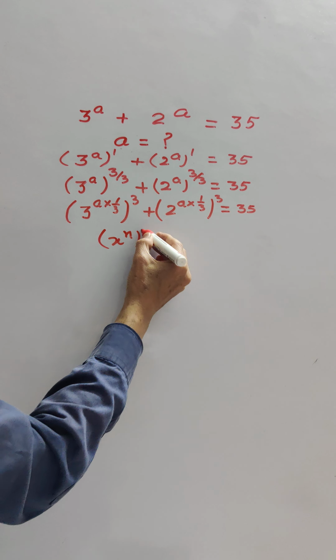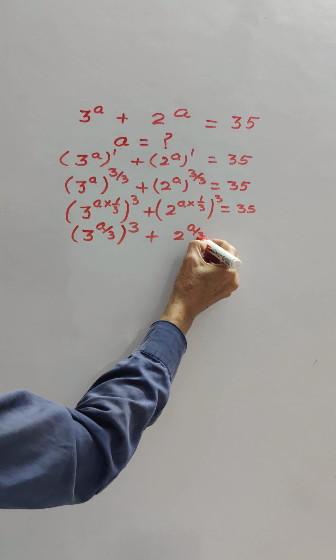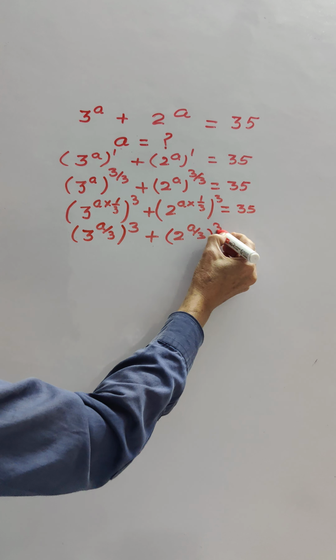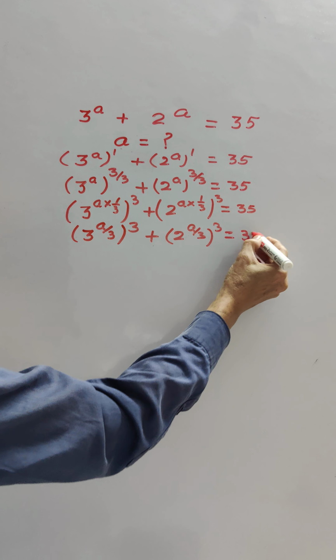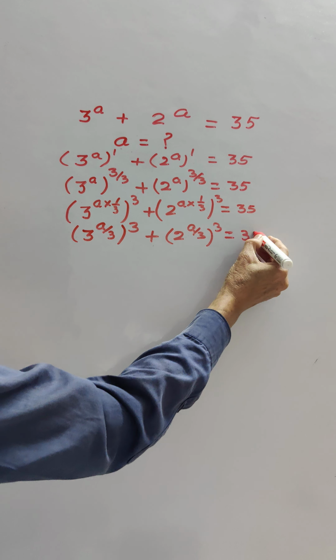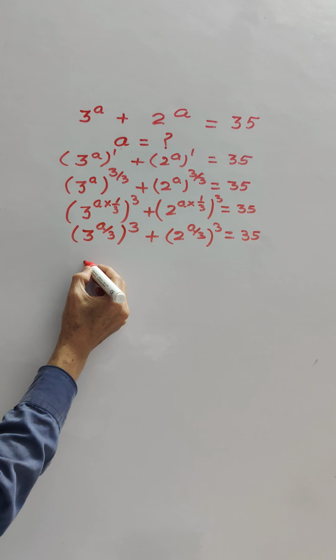So this can be written as 3 power a upon 3 power 3 plus 2 power a upon 3 power 3 is equal to 35. We suppose this is x and this is y. इसको x suppose कर लेते हैं, इसको y.